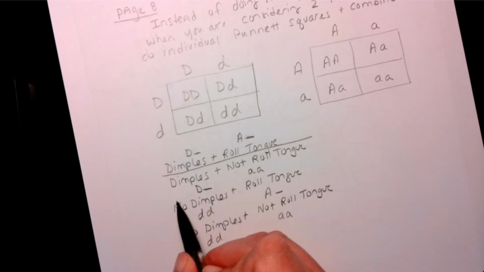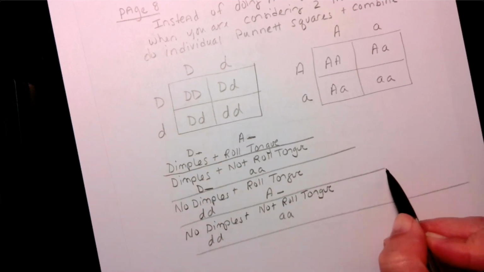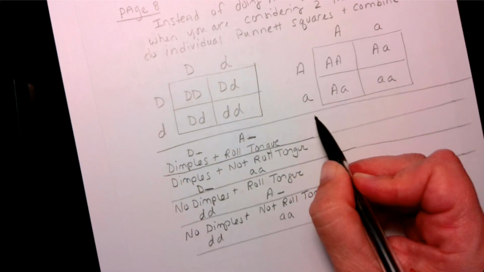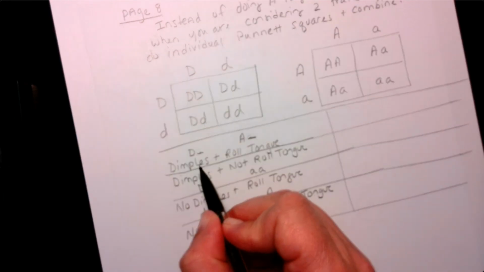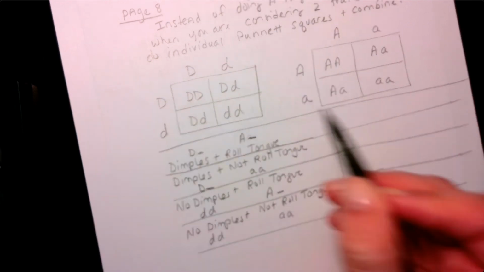Let's see if we get the same answers we did when we worked out that really long Punnett square on the other side. All right. How we're going to do that is, again, we're going to look at the probability. So what's the likelihood of getting dimples? All right, dimples have to have at least one big D. If I'm looking at this Punnett square, how many of those boxes have at least one big D?